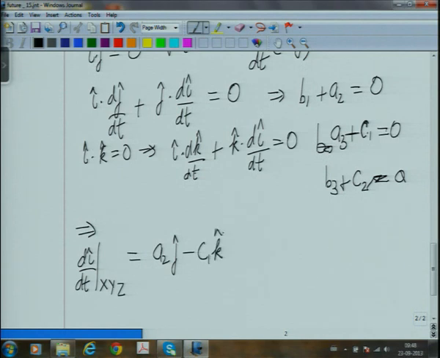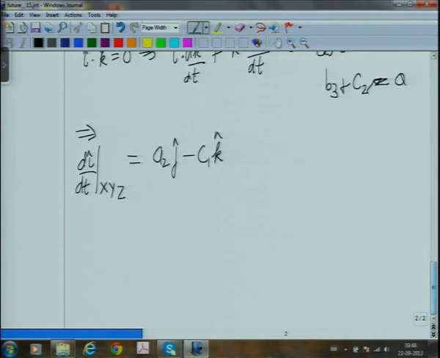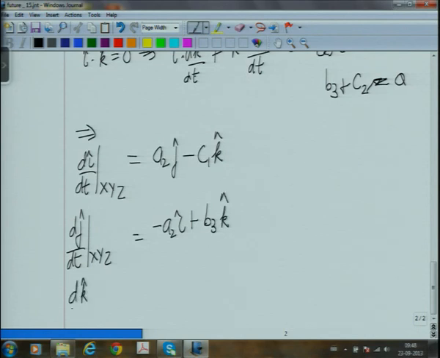I will write it only in terms of the three constants which we have. dj by dt, I will write it as equal to minus a2 i plus b3 k, and dk by dt, I will write it as c1 i minus b3 j.